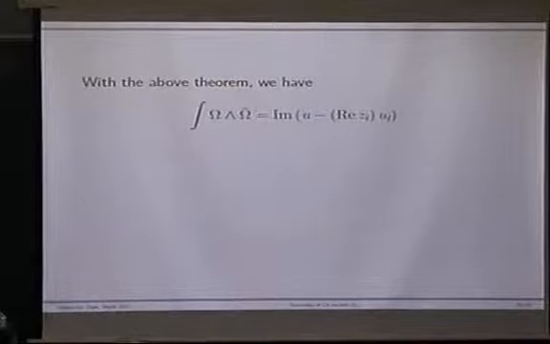So we will see that the Kähler potential can be written like this, where u is a holomorphic function, and these are coordinates. Ui is du/dzi. Then its curvature has a specific property.